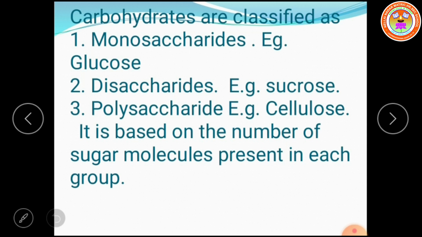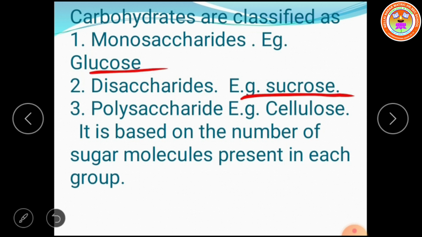Monosaccharides are called the simplest carbohydrates and contain only one sugar unit. Glucose and fructose are very good examples. Next, disaccharides. When we hydrolyze disaccharides, they split into two simple sugar monomers. Sucrose, maltose, and lactose are some of the disaccharides.